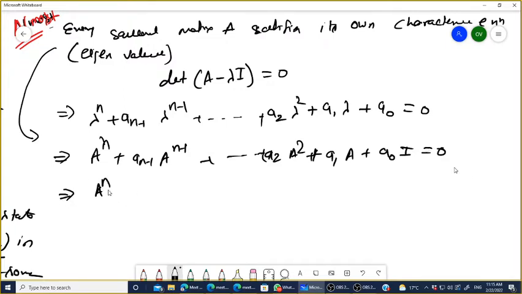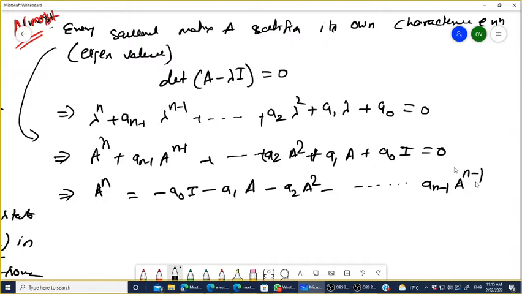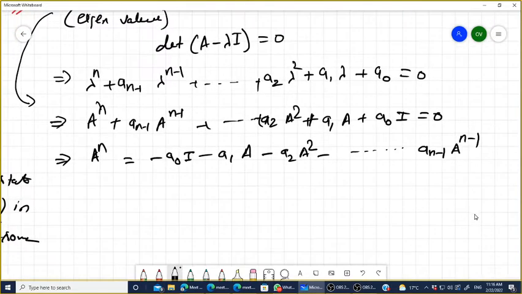A to the power n equals minus of a naught I minus a1 A minus a2 A square, up to a n minus 1 A to the power n minus 1. Okay. Now please tell me, can we write this equation like this?